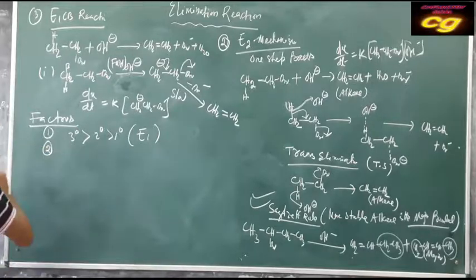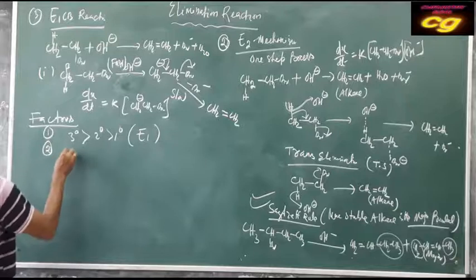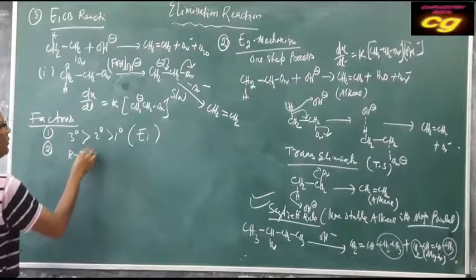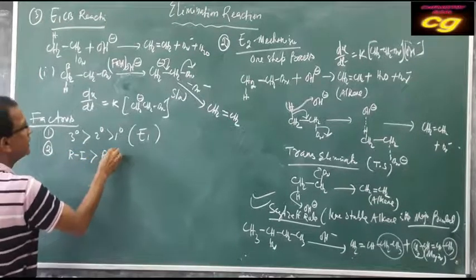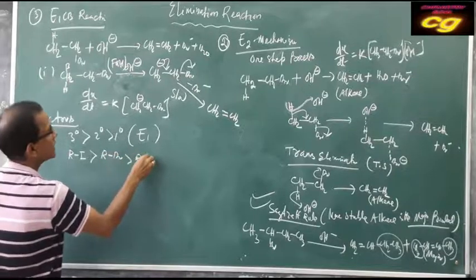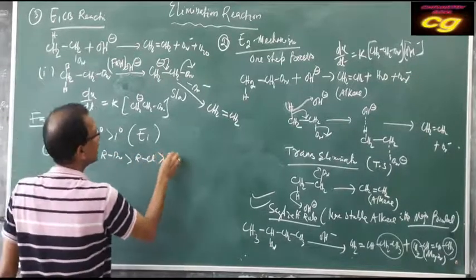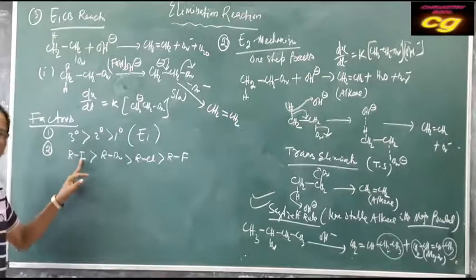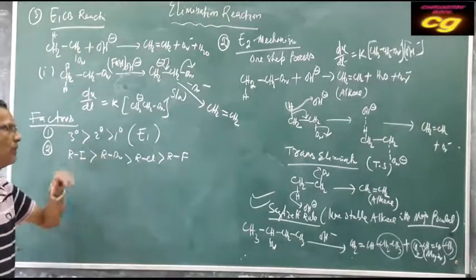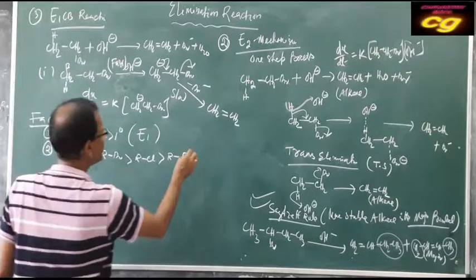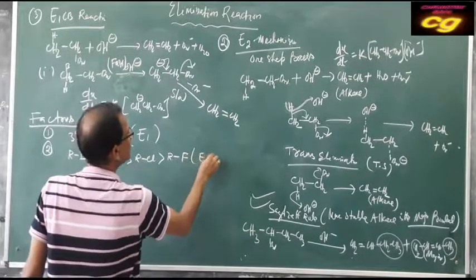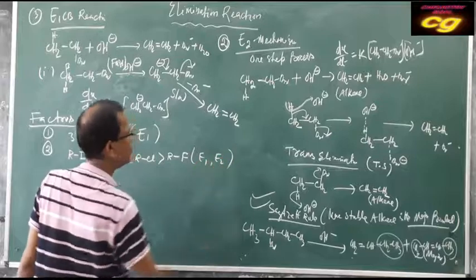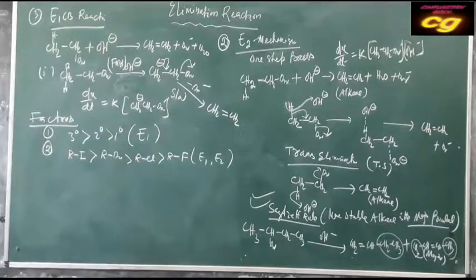Then the leaving group: RI will be faster than RBr, faster than RCl, faster than RF. Same for elimination, iodoalkane is faster than bromoalkane. This order is the same for both E1 and E2.